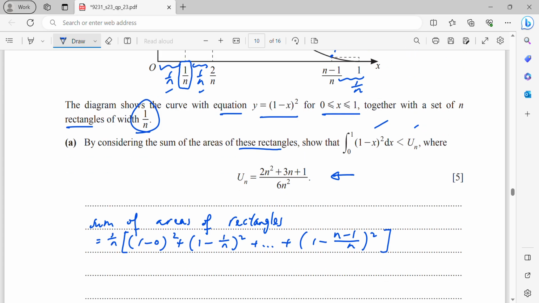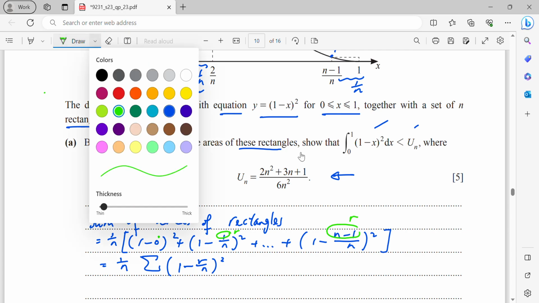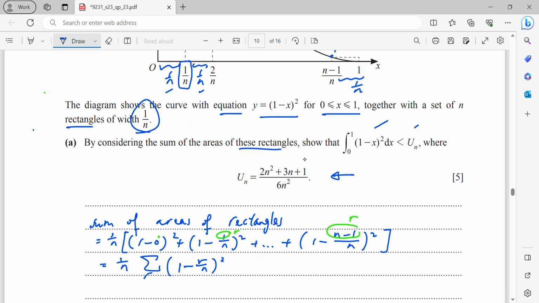So this is basically 1 over n summation of 1 minus r over n squared, because this is our r. Therefore, r will start from 0 until n minus 1. This is our last r, so n minus 1.